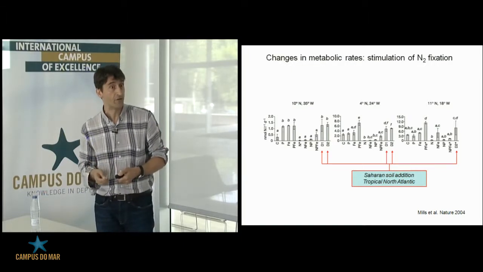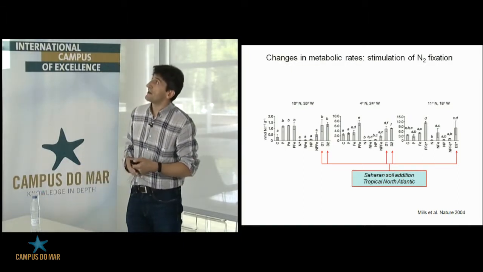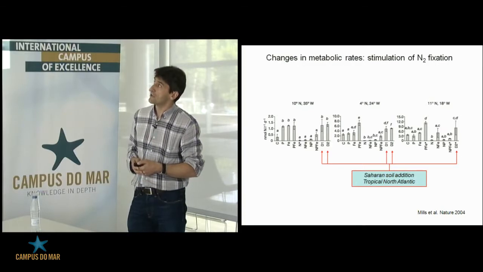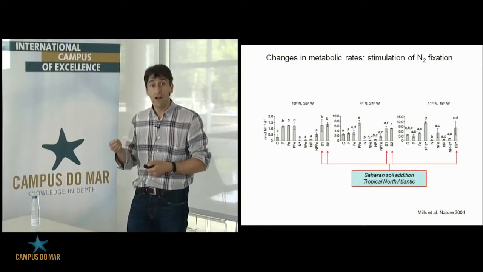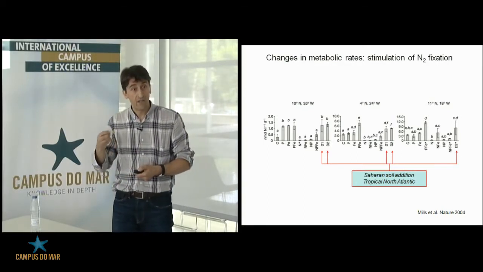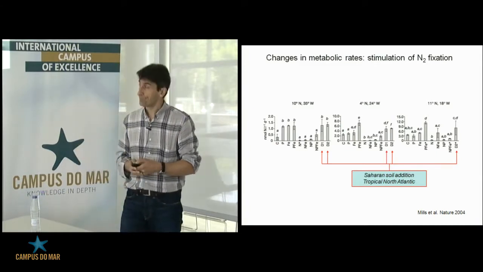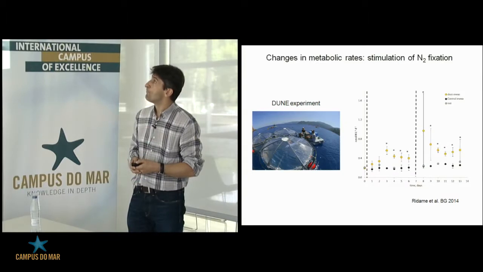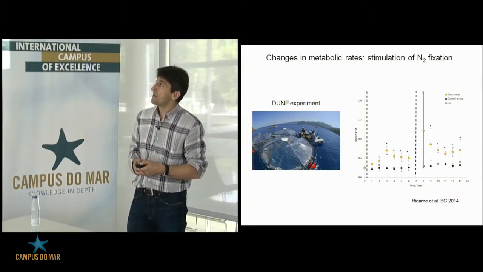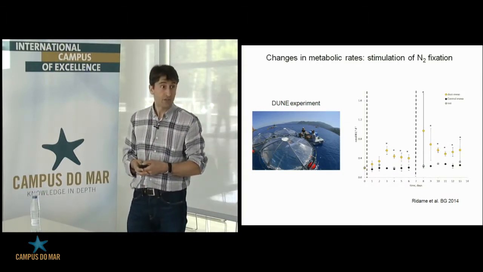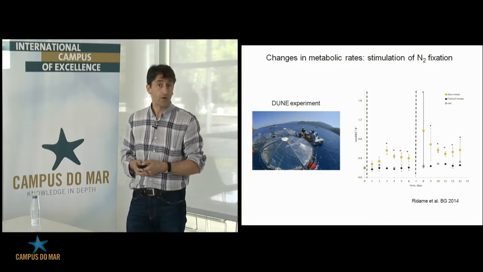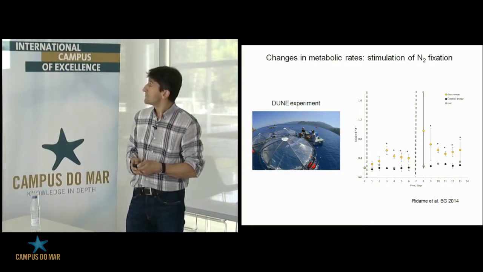They used Saharan dust, and they found clearly a stimulation of nitrogen fixation. It is not clear to which extent that stimulating effect was due to iron or to phosphorus or both. Again, in the Dune experiment in the Mediterranean Sea, they found a positive effect of dust on the nitrogen fixation rates.